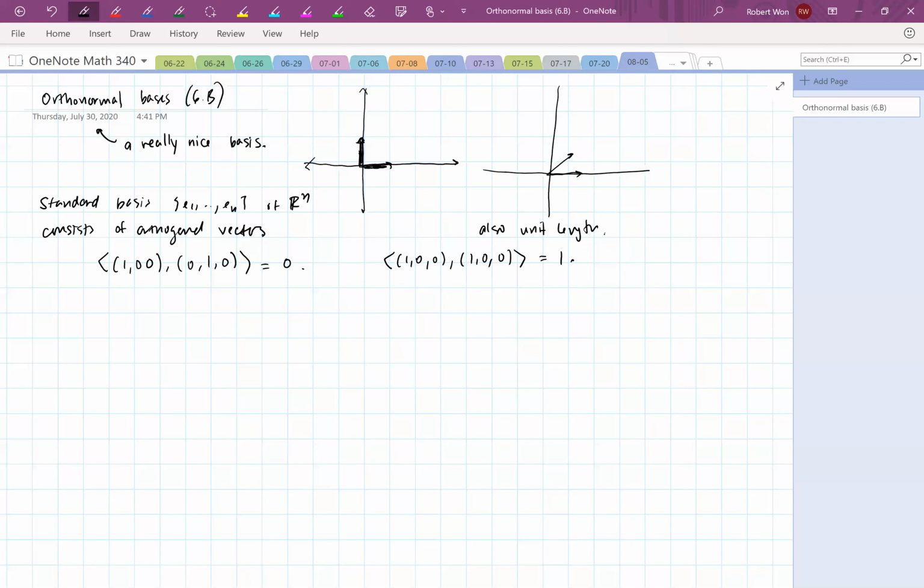So this strong property of being a set of orthogonal vectors that also has norm 1 is what we'll call an orthonormal list.